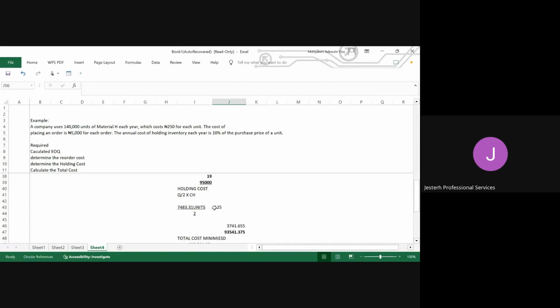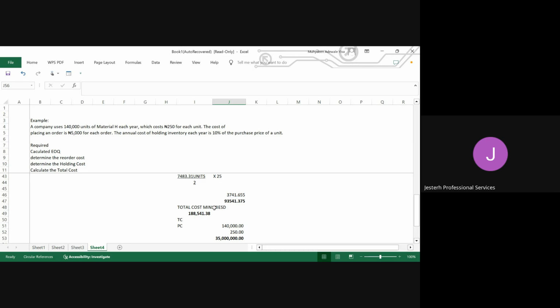Now, the holding costs as well is the cost that you are going to incur to keep those materials in the store. Every organization has to come up with those cost structures to minimize their costs. Now, how do we arrive at this total minimized cost?